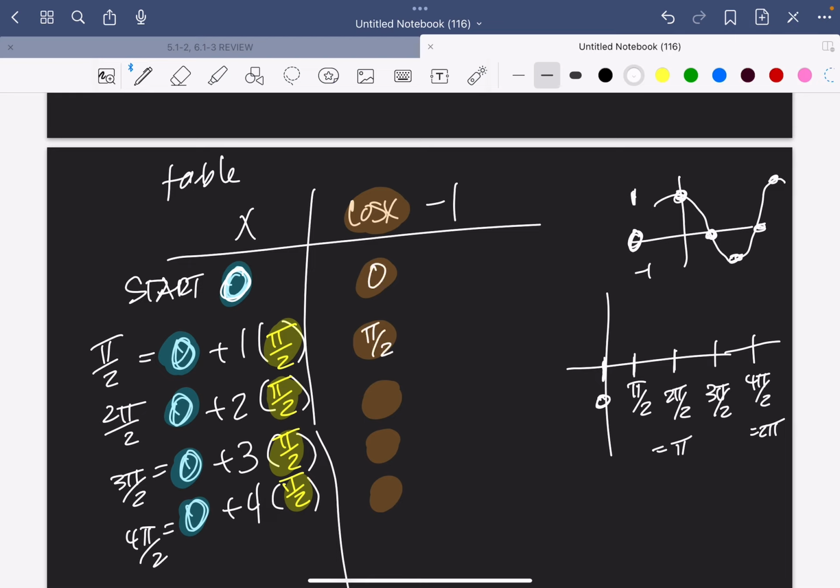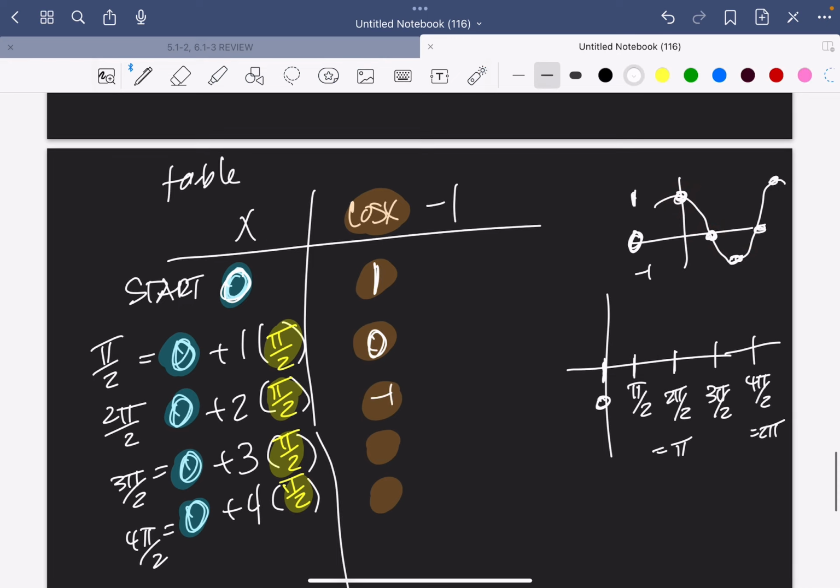Sorry, I wasn't thinking. It's a height of 1, height of 0, height of -1, a height of 0, and a height of 1.